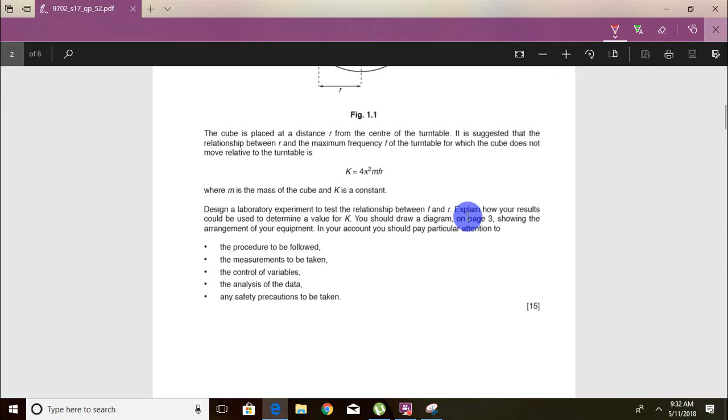How are you going to analyze the data, that is the measurements you obtained, to obtain your objectives, and any safety precautions.